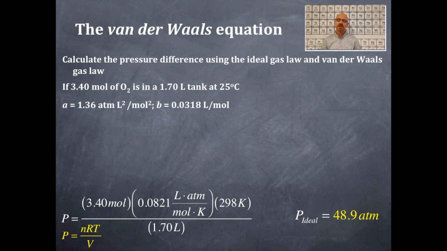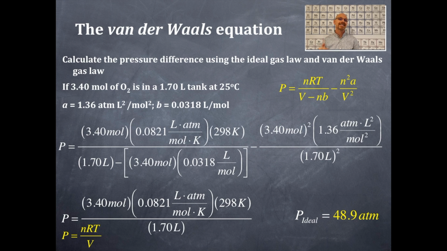Now I'm going to use the van der Waals equation and rearrange that to solve for pressure. Now this is a fun activity. I want you to try to rearrange the van der Waals equation for pressure, and that's what you get right there. Now I'm going to plug the appropriate numbers into the van der Waals equation for pressure, maintaining the units.